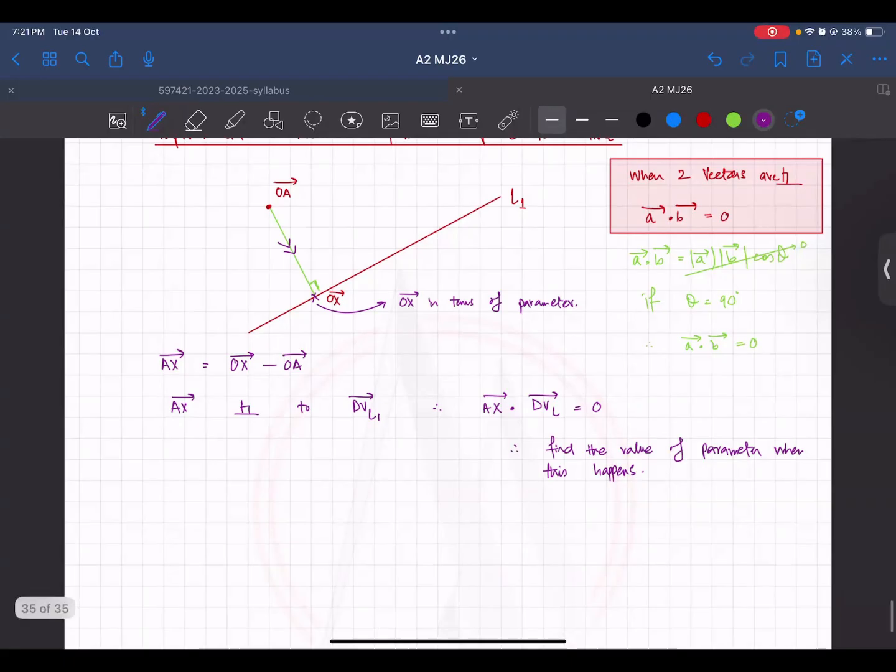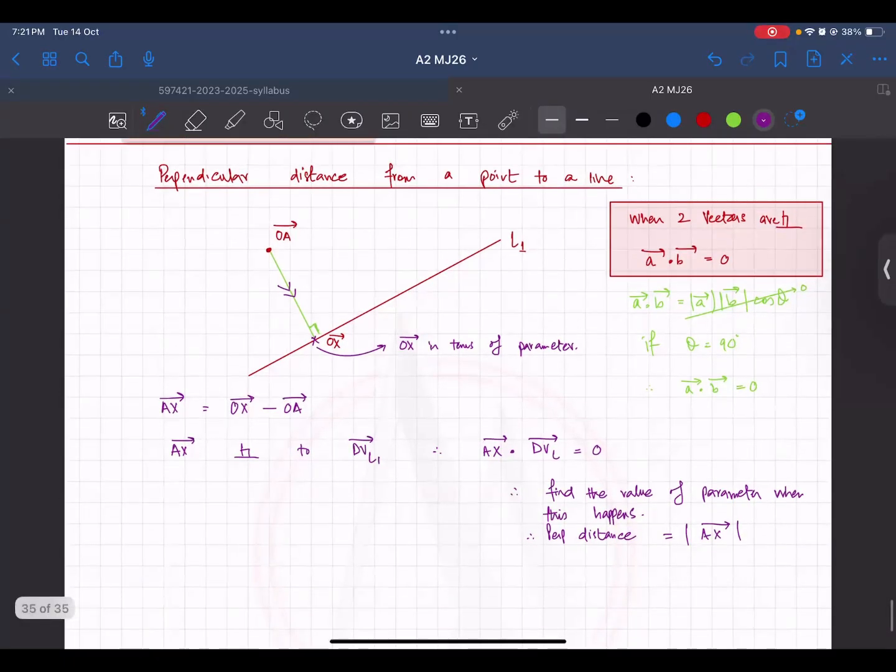Perpendicular distance would be the magnitude of this AX. You substitute the parameter value, find the vector AX, and then find its magnitude. That would give you the perpendicular distance between the external point and a line.